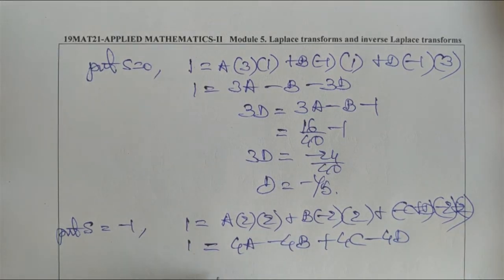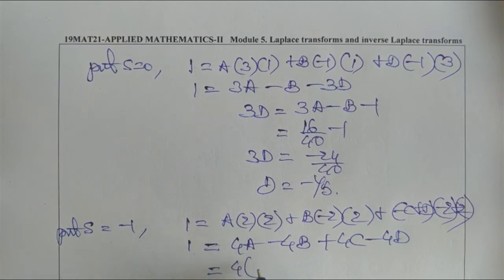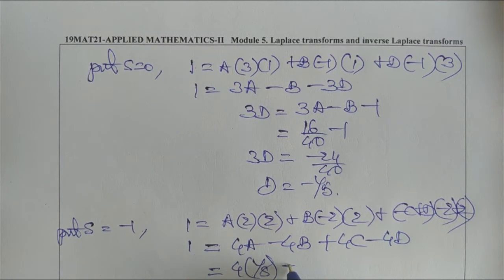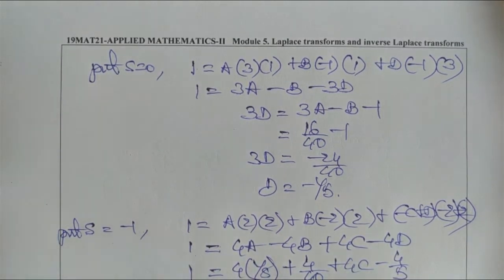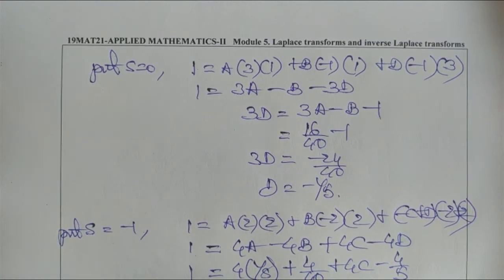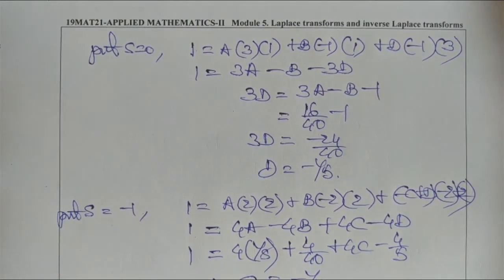After simplifying, with A value 1 by 8, B value −1 by 40, and D value −1 by 5, taking a calculator and simplifying, we get the C value as −1 by 10.